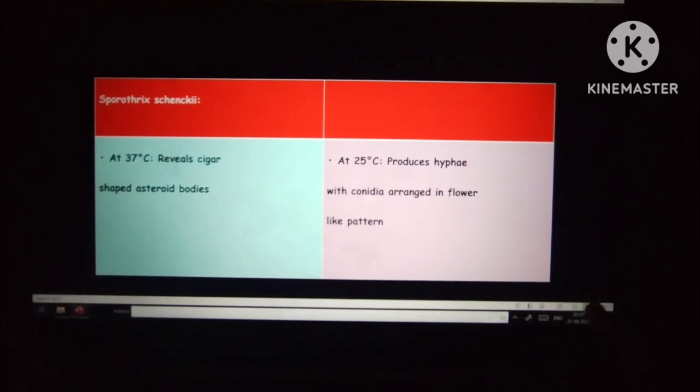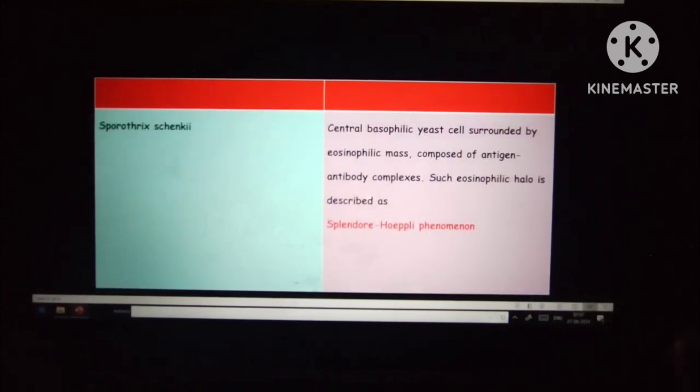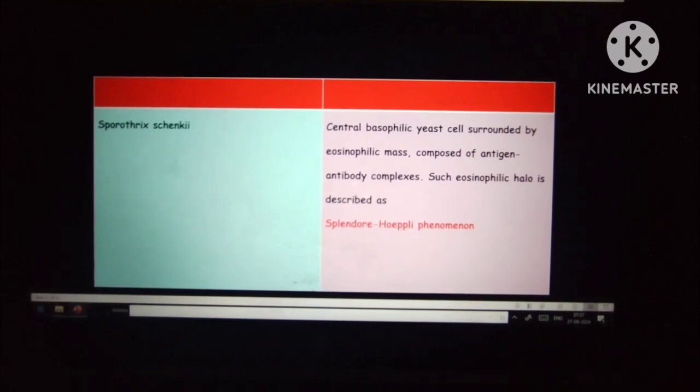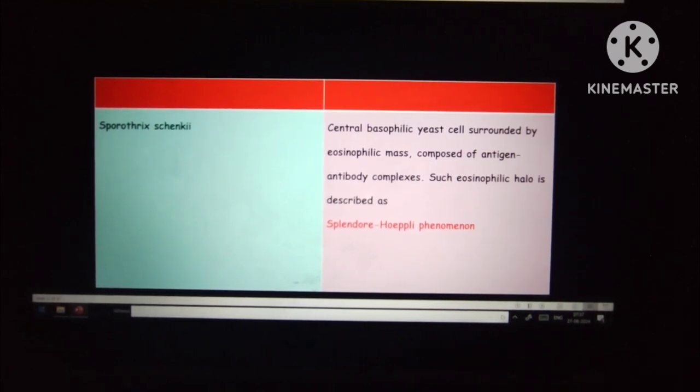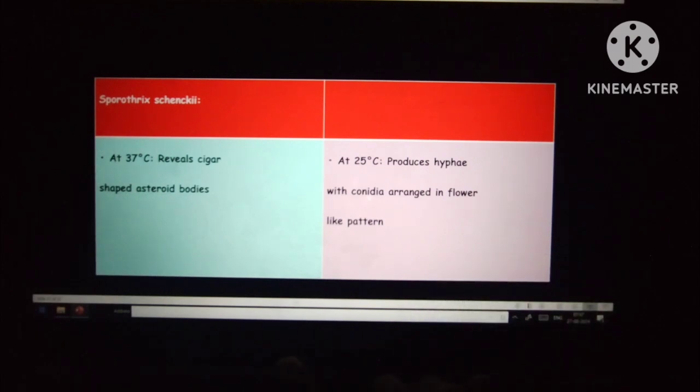Another term you want to remember here is the Splendore-Hoeppli phenomenon in sporothrix. It is nothing but a yeast cell surrounded by an eosinophilic mass and antigen antibody complexes. Such a halo is described as the Splendore-Hoeppli phenomenon. You want to remember cigar shaped cells.